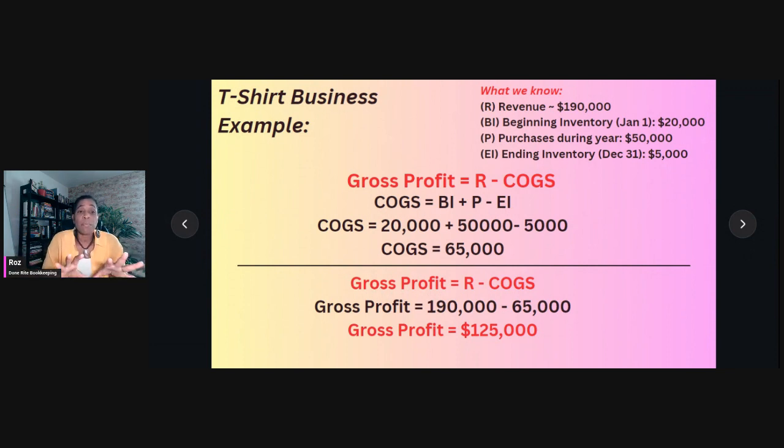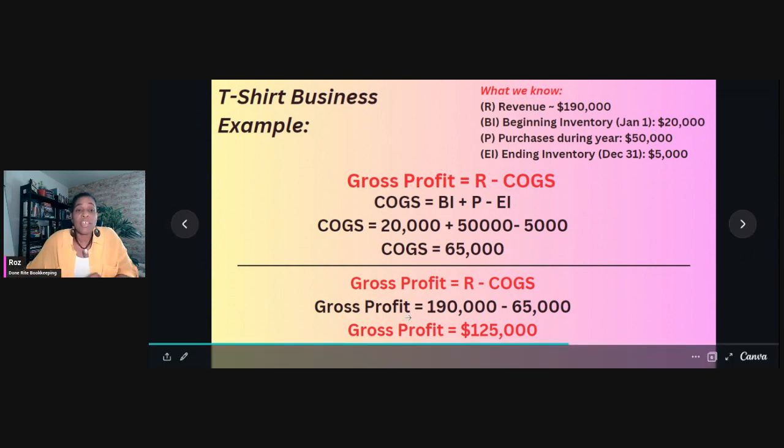Looking at the gross profit equals R minus COGS, right? So we want to know what our gross profit is. We know what our revenue is, but what is our gross profit? It's 190,000, which is our revenue. So that's what we've taken in, but we have to factor in what our COGS were.